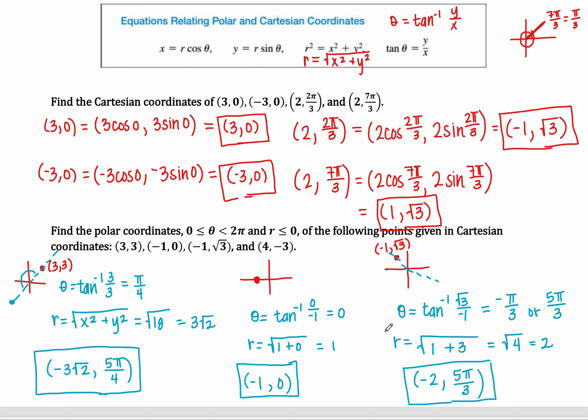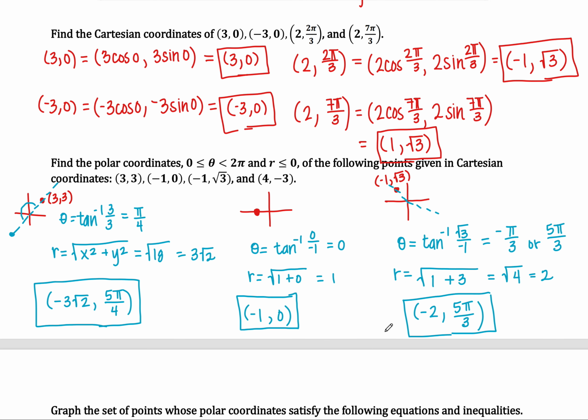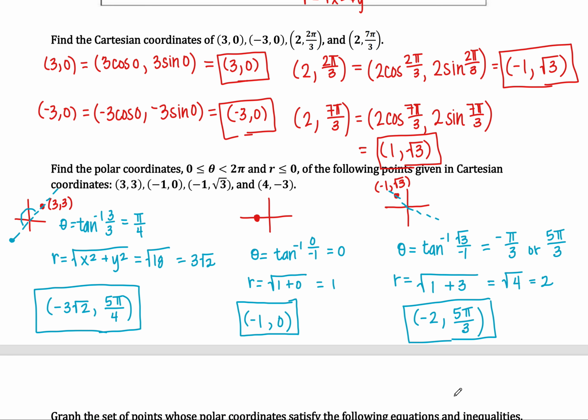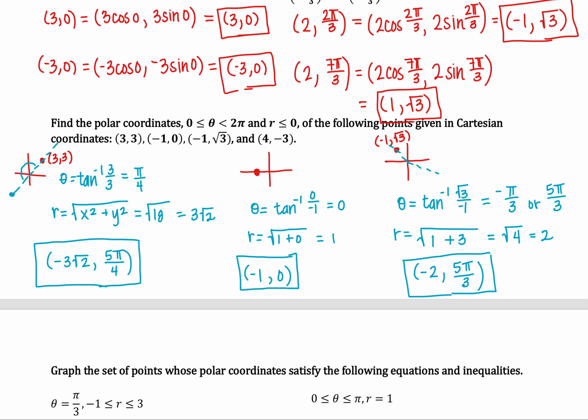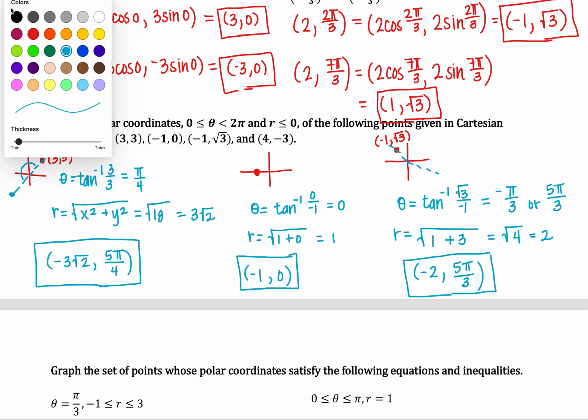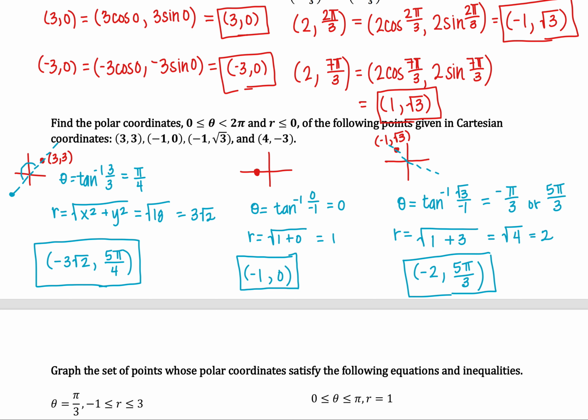Now I've run myself out of space for the last one, so I think I'm actually going to try to do it on the top of this next page here. So for this last one, we're looking at 4, -3. And 4, -3 is going to be about here as a Cartesian point.